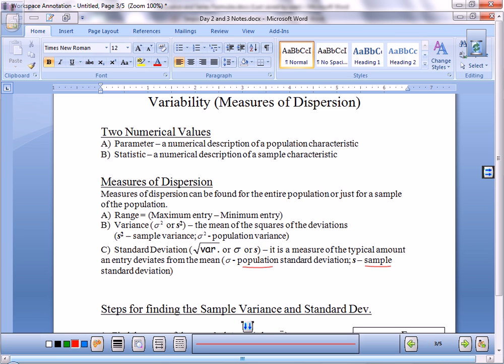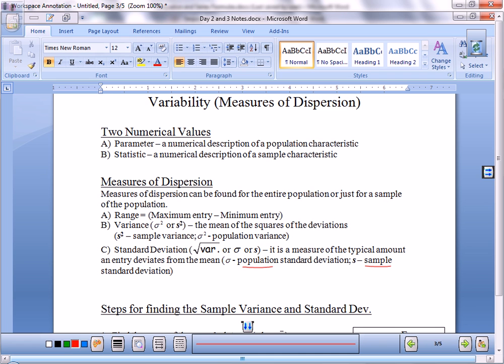When we look at the variance, it tells us what other types of tests we might want to use on our data. For us, we're going to calculate the variance, but we're not going to do a whole lot with it. The variance is the sum of the squares of the deviations from the mean, and variance is s squared for a sample and sigma squared for a population.